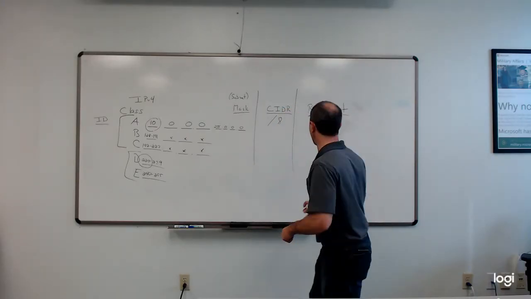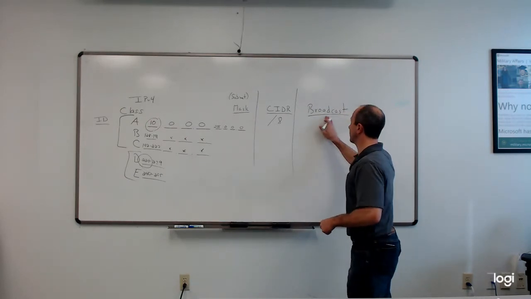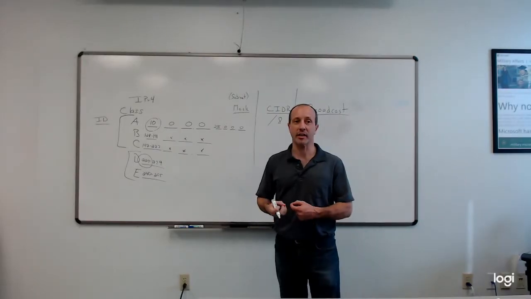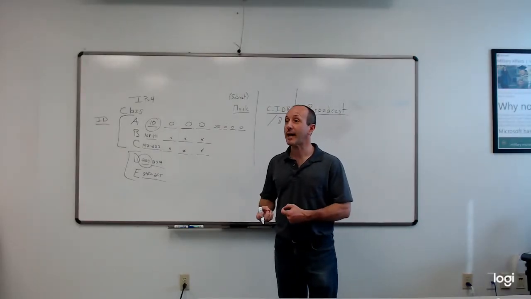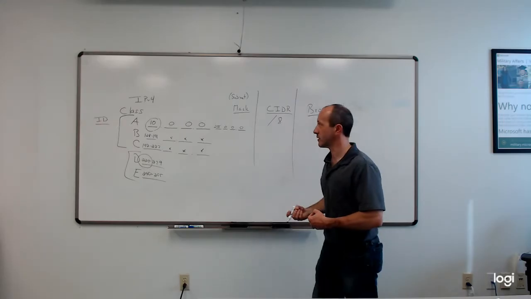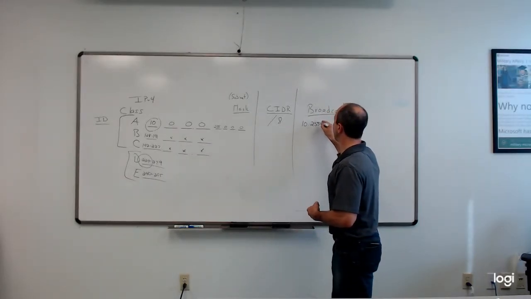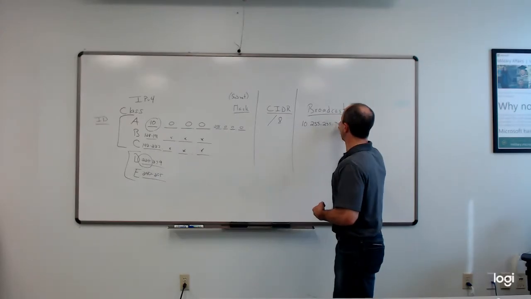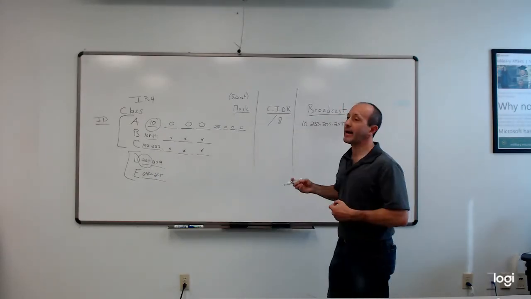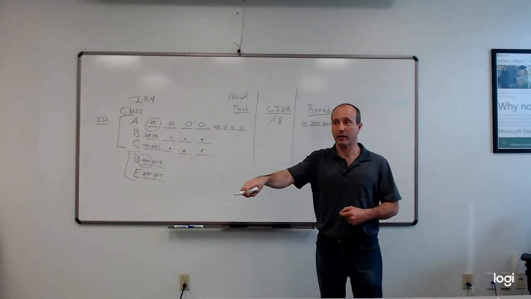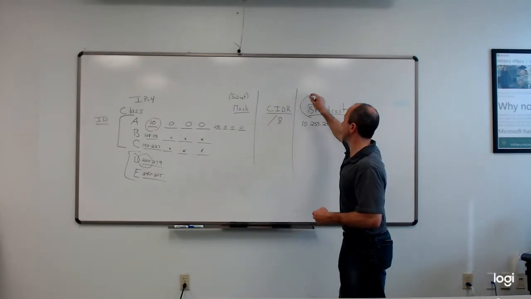In the same way, my broadcast is another IP address in that network, always going to be the last IP address in that network. I can't use this address to put on any machine because it's a broadcast.